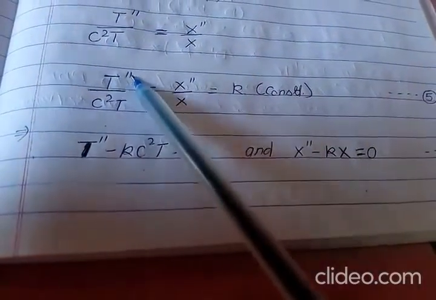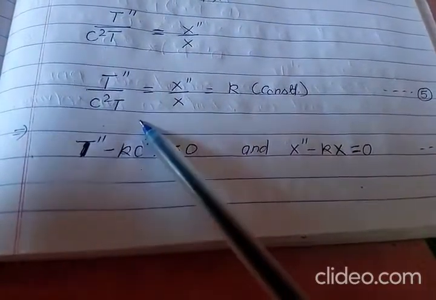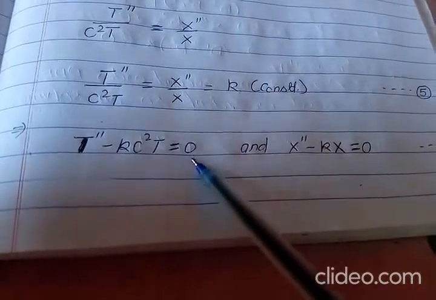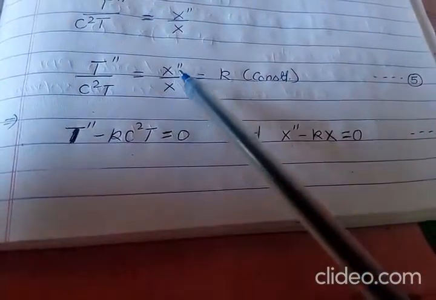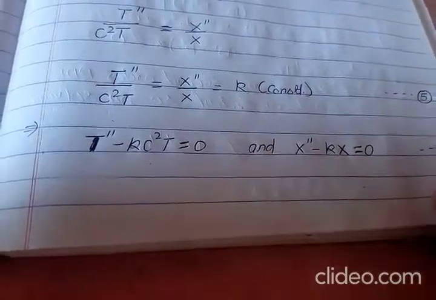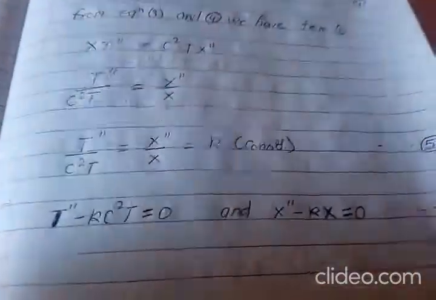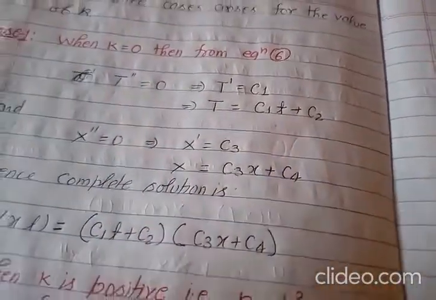If we take T''/(c² T) = k, then T'' − k c² T will be 0, and in this way the second one is X'' − kX = 0, which are the equations which will provide a solution.